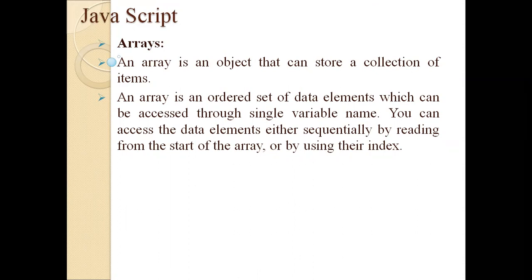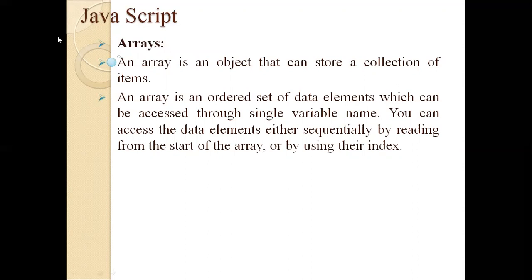This was already covered in previous languages also, where we have a name, and under the name we have multiple indices. Under each index, one value is stored, so we can access all the values by using a common name.